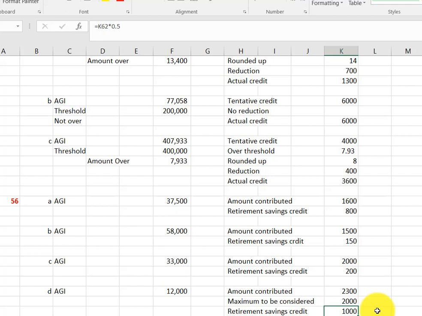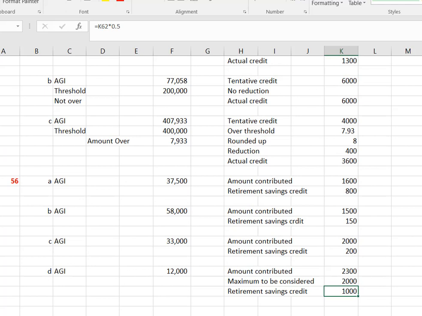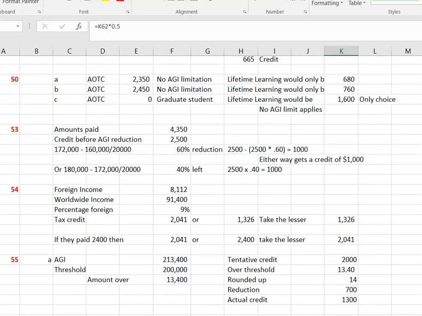Problem is they're not going to have any tax liability, and so this non-refundable credit is probably not going to do them any good. But at least you have seen how the calculations are done. Again, you look it up on the table that determines your percentage. Maximum to be considered is 2,000. So some percentage times 2,000 is the maximum credit.